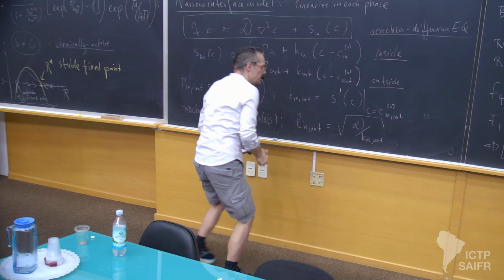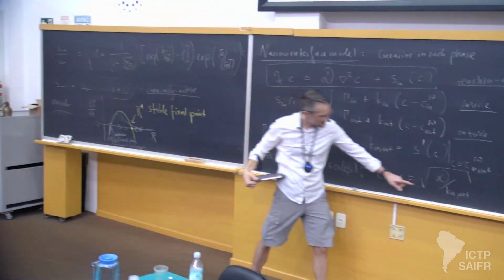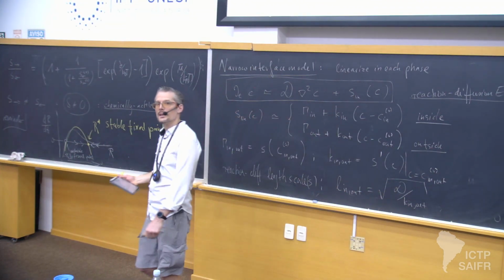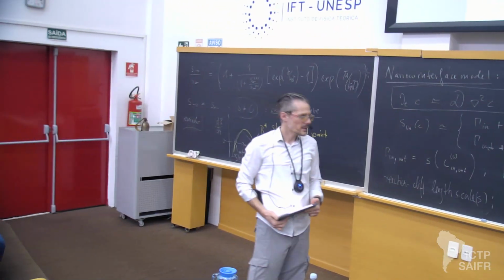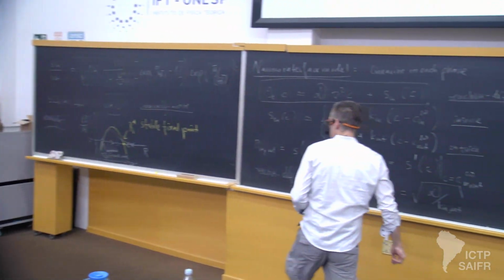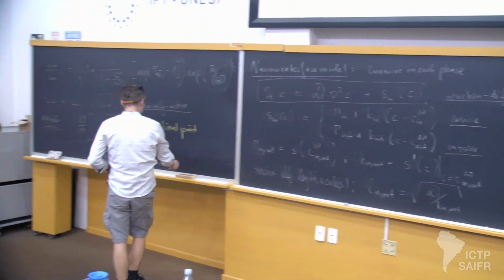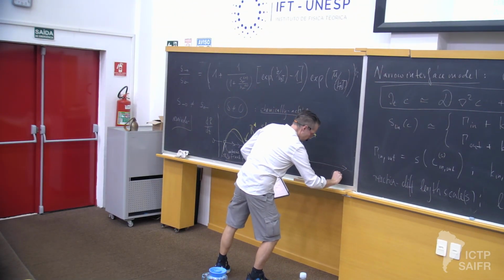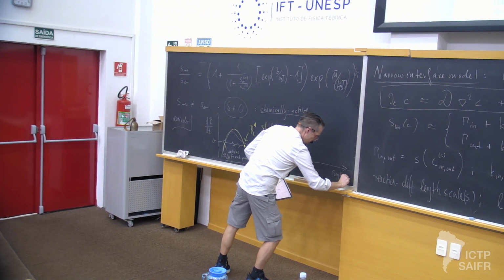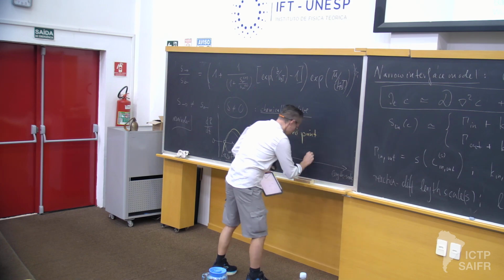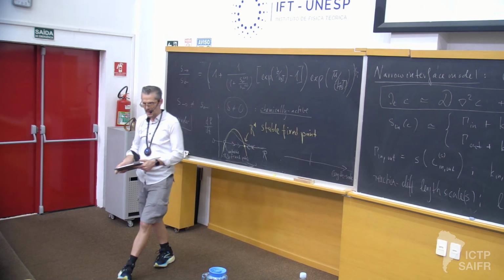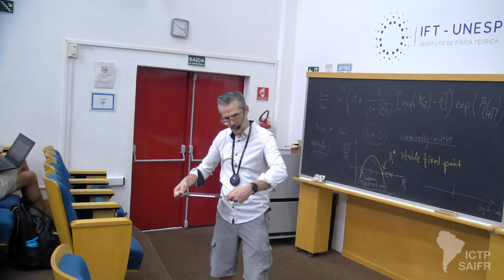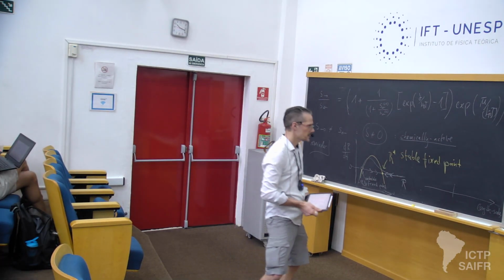D is simply the diffusivity, in meters squared per second. This is a rate, one over seconds. So this here is a meter squared, and the square root gives a length scale. The interpretation of the reaction diffusion length scale is as follows. When I look at my problem on different length scales, say on the length scale of the droplet size, or of the distance between two droplets, these are relevant length scales.